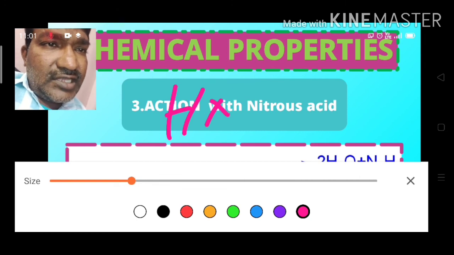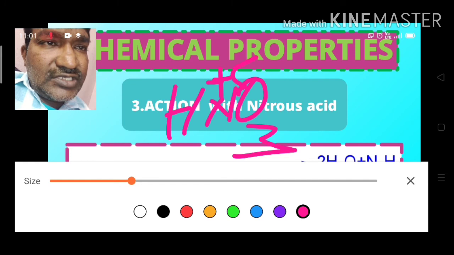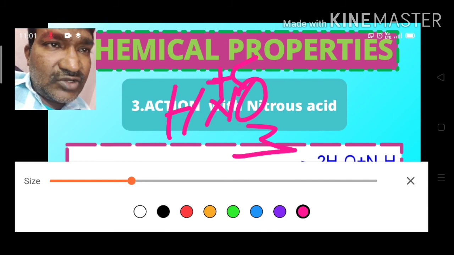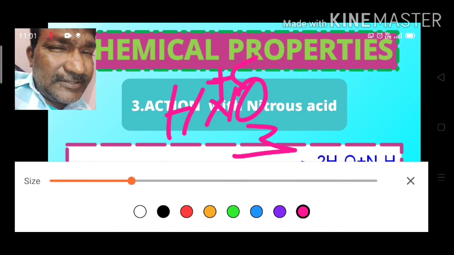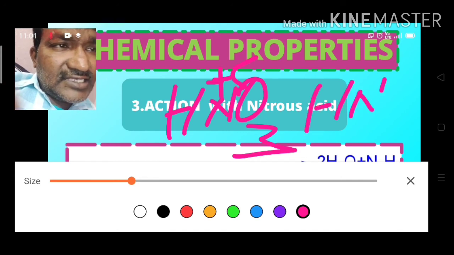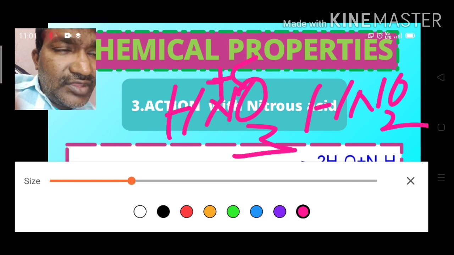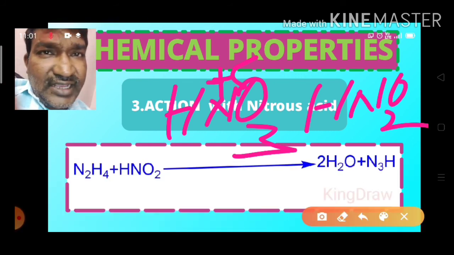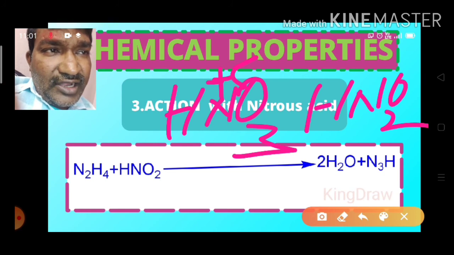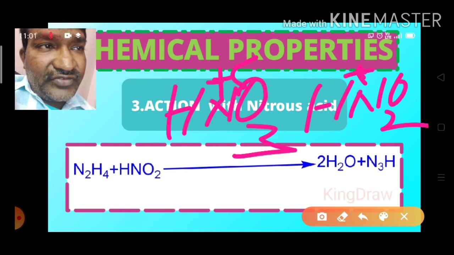In nitric acid the oxidation state of nitrogen is plus 5, so it is in its maximum, highest oxidation state. That's why nitric acid always acts as an oxidizing agent, whereas nitrous acid, depending on the situation, acts as a reducing agent as well as an oxidizing agent, because the nitrogen oxidation state in nitrous acid is plus 3.